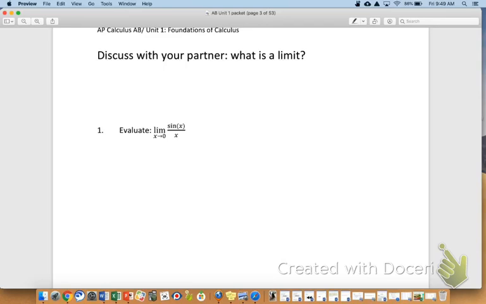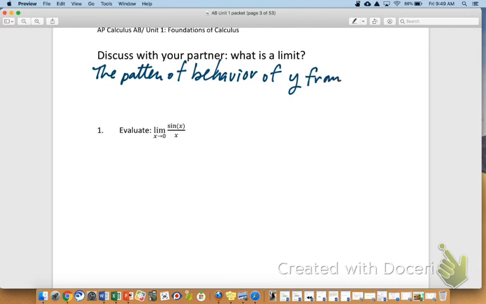I'm going to say a limit is the pattern of behavior of y from both sides of a specified x value.